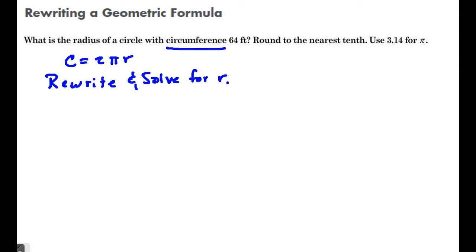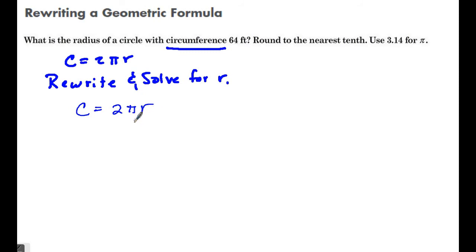So first thing is to rewrite this formula. So we're going to have C equals 2 pi r, and I want to solve for r.